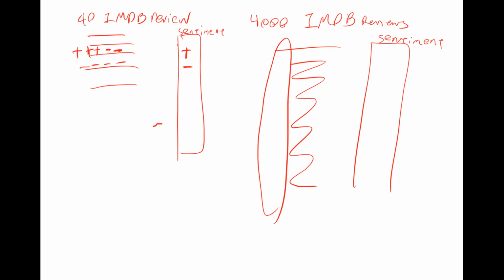But if you have a very small corpus, even just 2 sentences, you can still use lexicon-based prediction. With just 2 sentences, training a model is not a good idea. Even if you have 4,000 observations, you can still use lexicon-based prediction. It may not be as good as classification, but you can still use it.